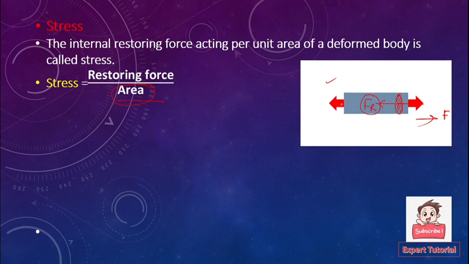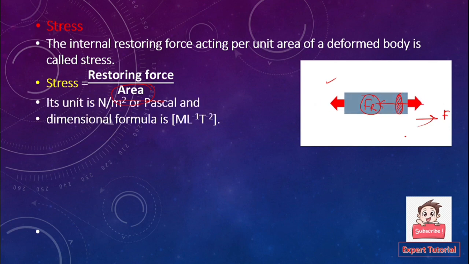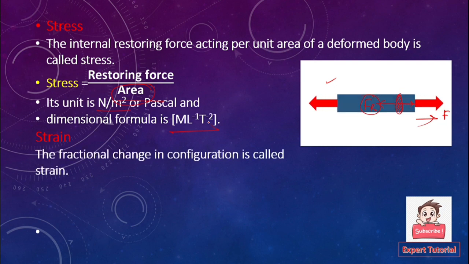This is known as the restoring force. So I have to calculate this restoring force per unit area, and it will be the stress. In most of the cases, this restoring force is equal to the deforming force. Since it is the force per unit area, its unit will be Newton per meter square, and its dimensional formula is M L^-1 T^-2. Now coming to the strain. Strain is the fractional change in the configuration.